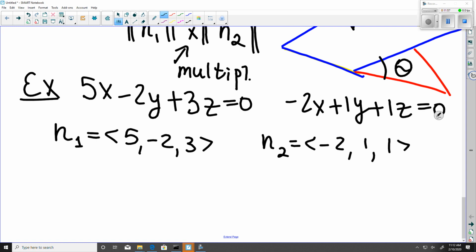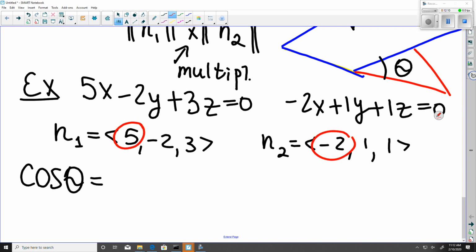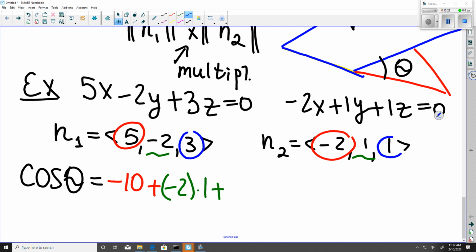We'll do the dot product of N1 and N2 on the top, and we will do the magnitude of N1 times magnitude of N2. Cosine theta is, we'll start with the dot product. 5 times minus 2, negative 10, plus minus 2 times 1, minus 2, plus 3 times 1.